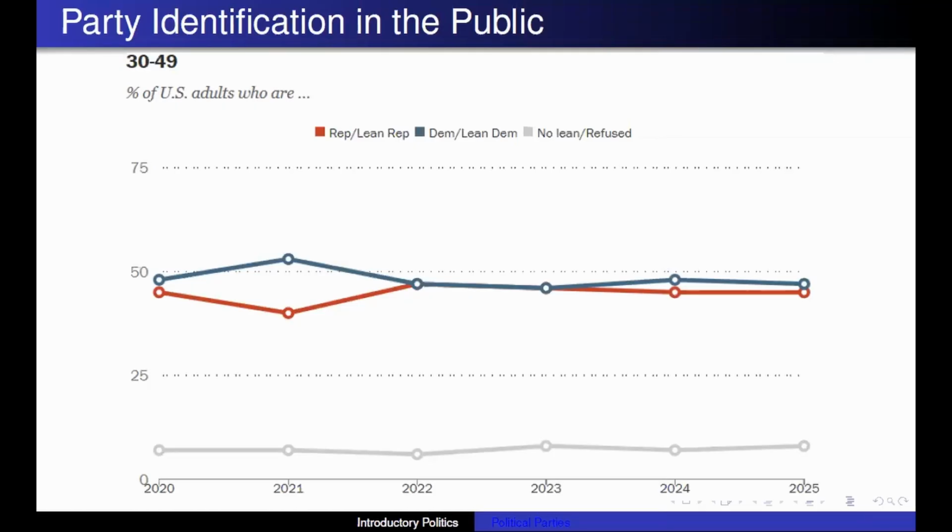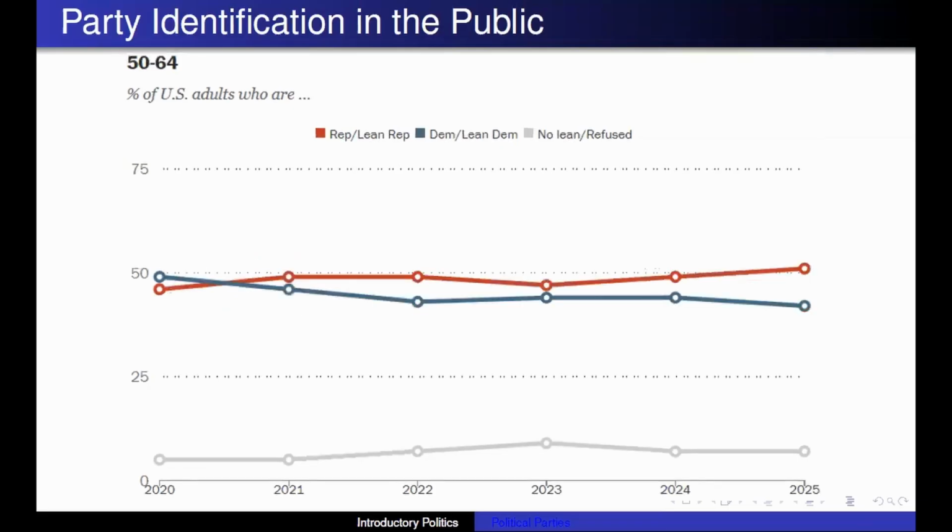When we go to the next older age demographic of voters aged 50 to 64, we start to see again a switch where those who were 18 to 29 are more likely to be Democratic leaning or identify as Democrats. Those who are 30 to 49, basically 50-50. Those who are age 50 to 64 are certainly more likely to be Republican.